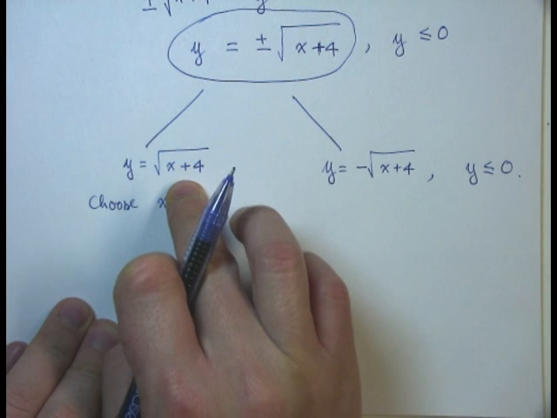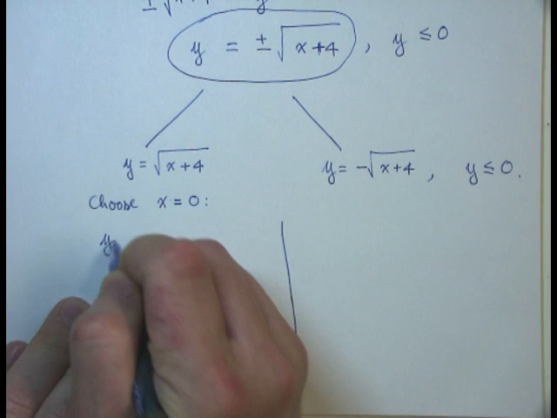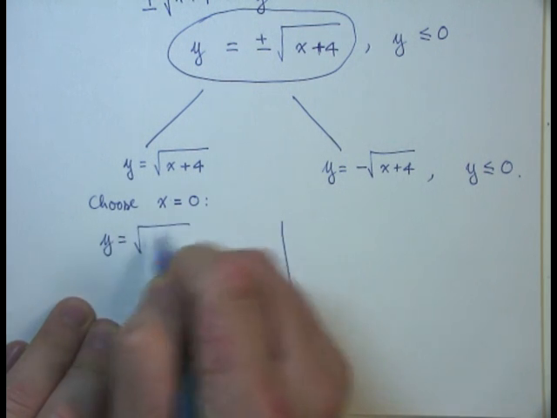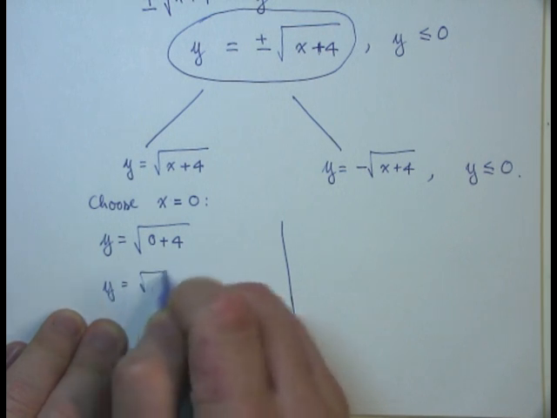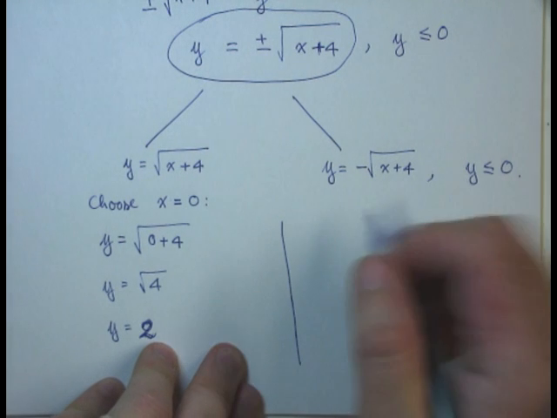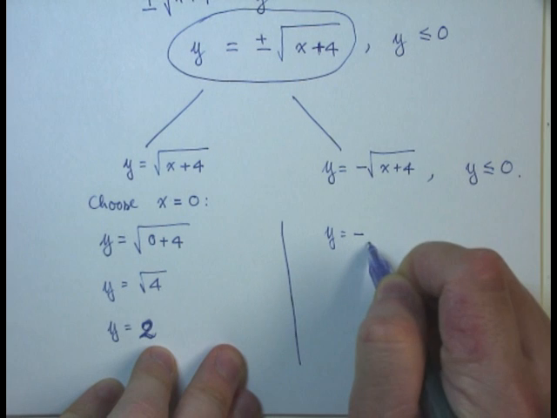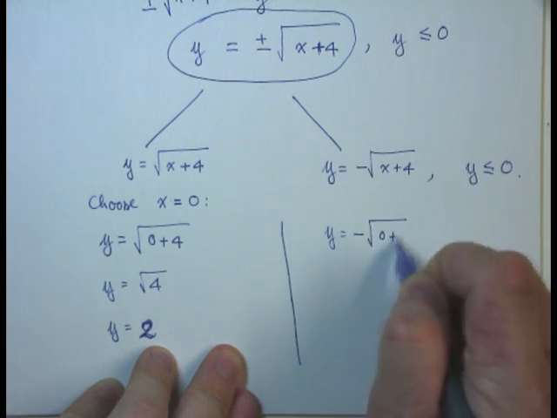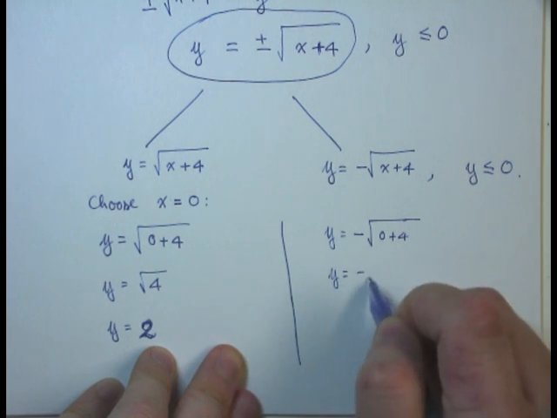With the left-hand side expression, the positive square root of x plus 4, my y value is going to be the square root of 0 plus 4, so y equals the square root of 4, and that gives me y equals 2. On the other hand, when x equals 0, y equals minus the square root of 0 plus 4, so y equals minus the square root of 4.